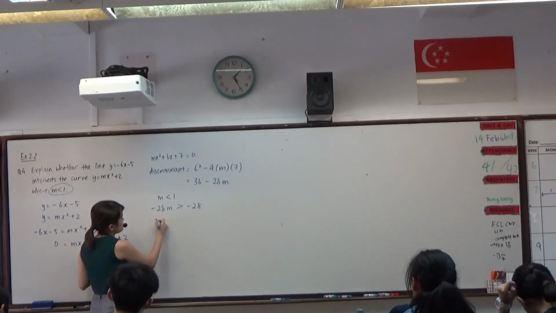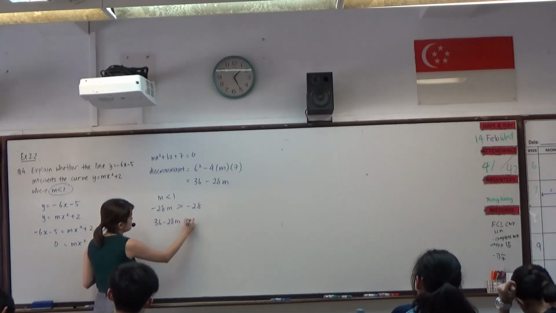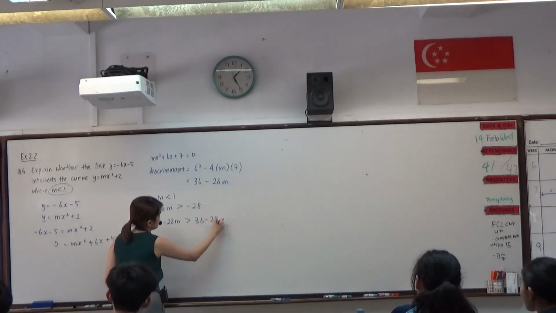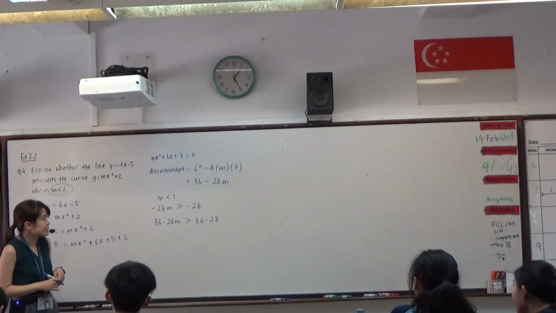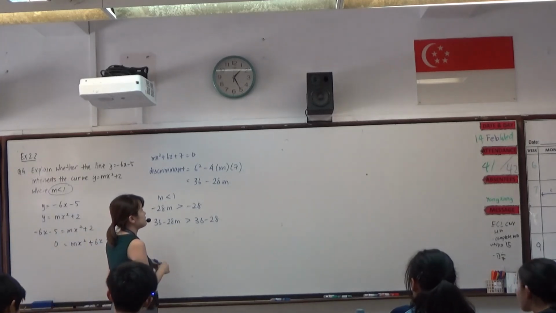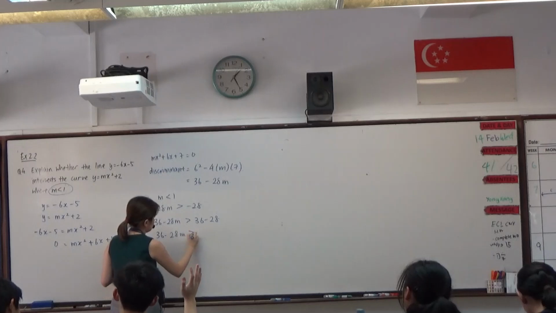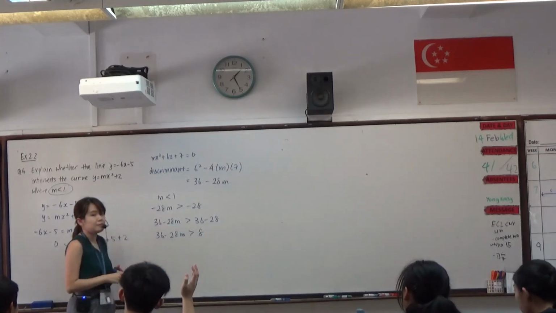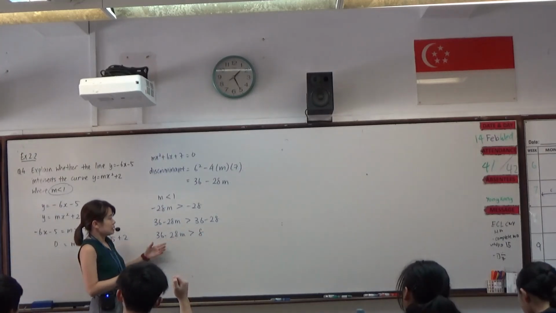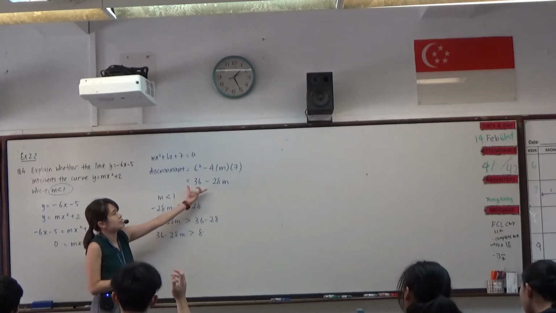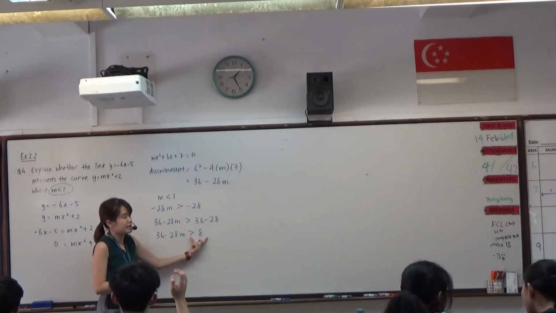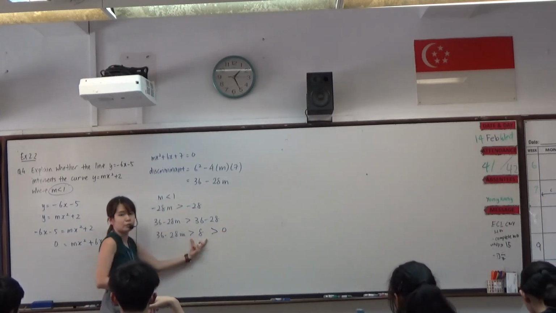Then we add 36 on both sides, and 36 minus 28 gives us 8. Which means that 36 minus 28m, the discriminant, is more than 8, in other words, more than 0 also.